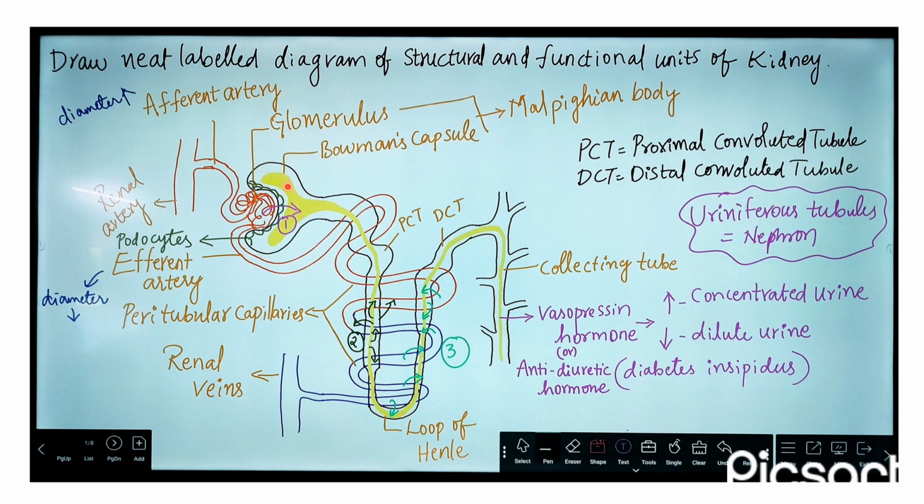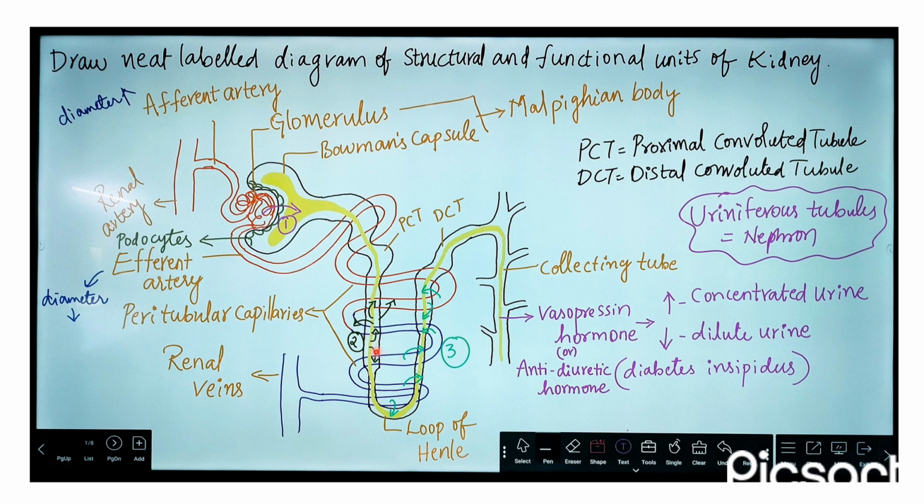So from this Bowman's capsule, urine has now entered the proximal convoluted tubule. If you see the second step and go through the arrows, you can observe arrow marks going from this PCT into the peritubular capillaries, which is the network of blood vessels.